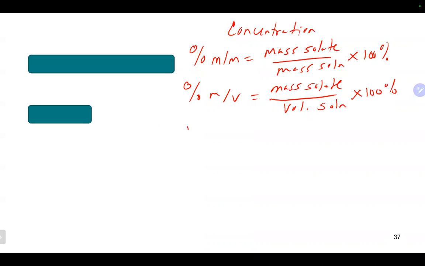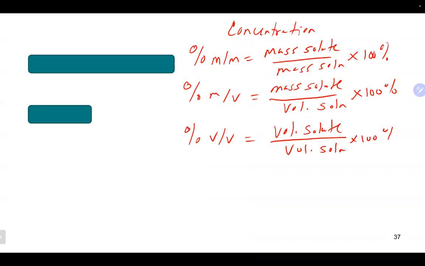And lastly, percent volume to volume, which is the volume of solute divided by the volume of solution times 100%. In your book, they may use weight instead of mass, but same thing, basically. W to W is the same as mass to mass as well.